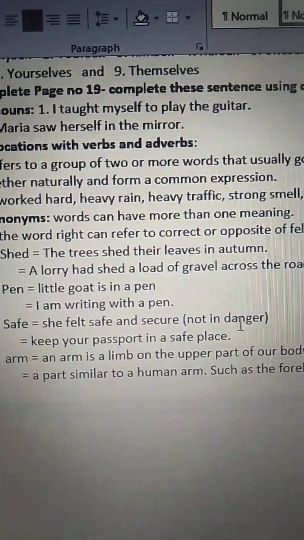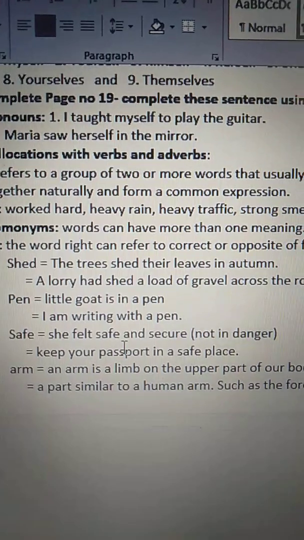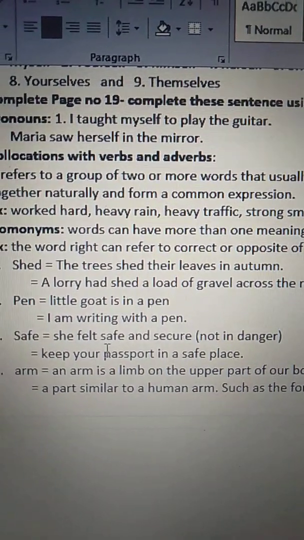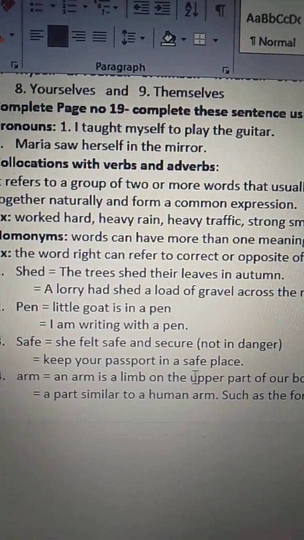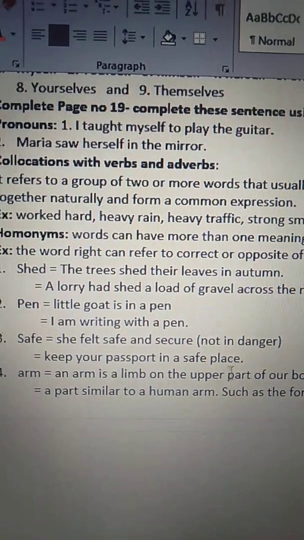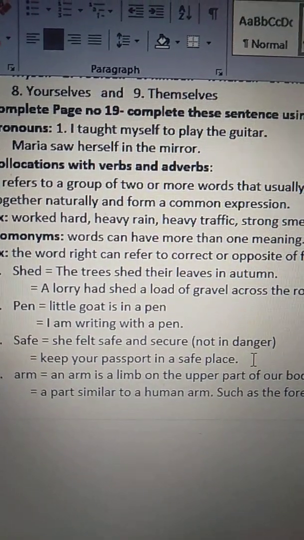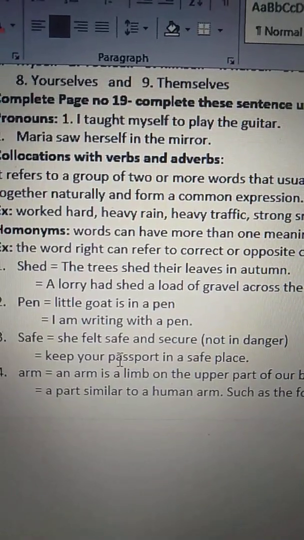So she is not in danger. And we can use the same word safe in another way. Keep your passport in a safe place. Here we are mentioning she is not in danger, and here we are saying to keep it safely.